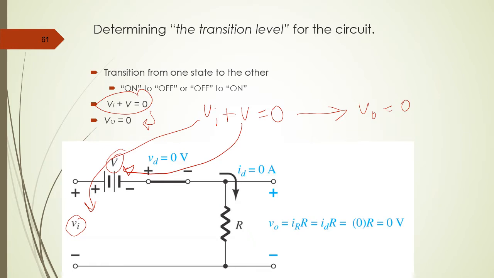When there is no voltage, there is no current flow here. So ID, remember that ID is also equal to IR, the current across the resistor. When ID is 0, IR is also 0, and we know that Vout equals IR times R. So it will also be 0.